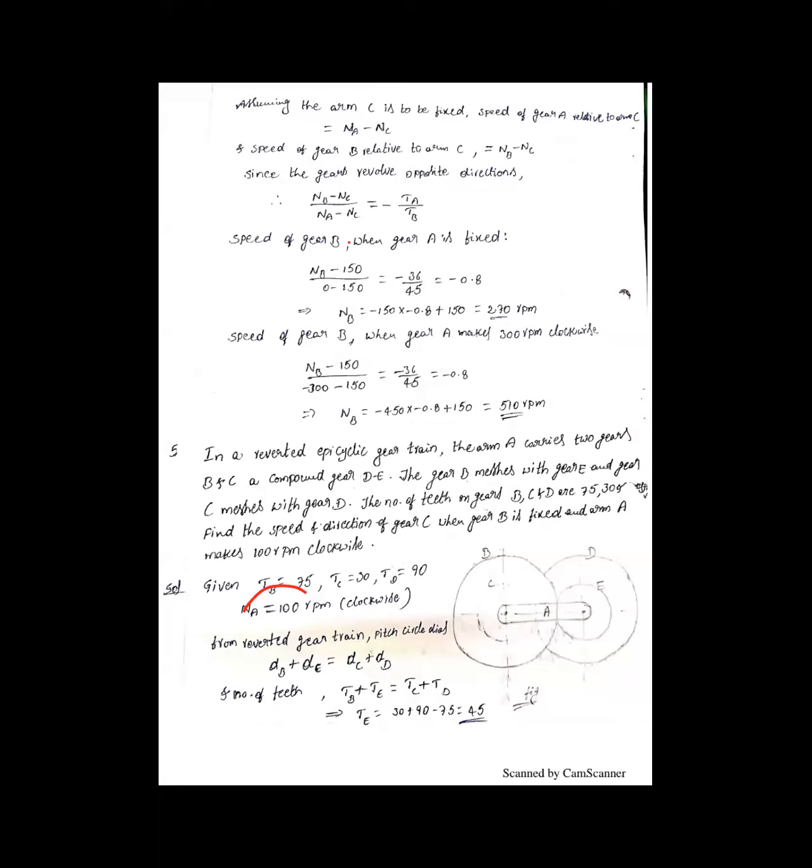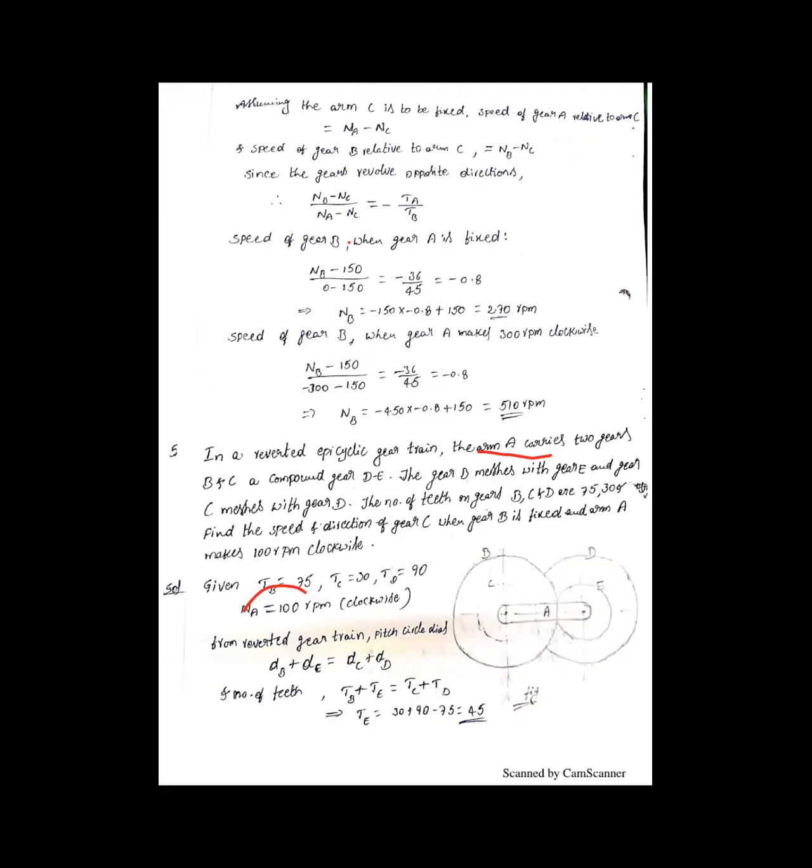So that is the arm A. Arm A carries two gears, B and C, and a compound gear DE.